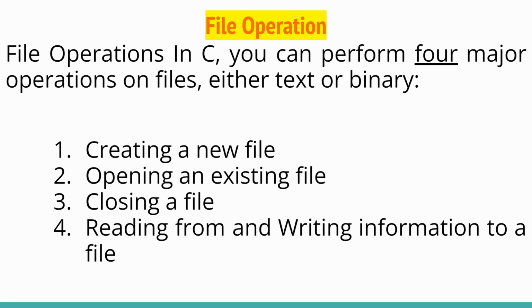These are the four important operations you can perform on a file, and C language provides us some functions for performing all these operations. All the file related functions are available inside the header file stdio.h. So the header file which we include at the beginning every time has file related functions also.